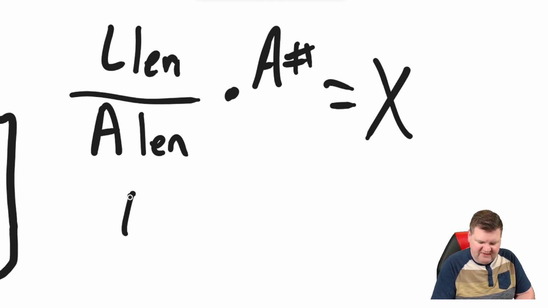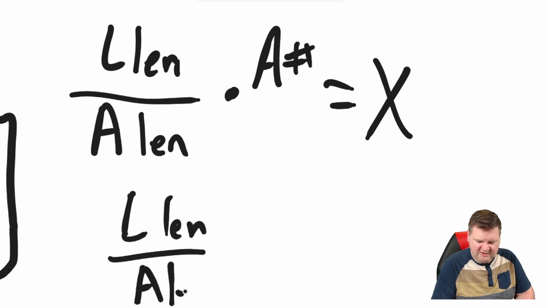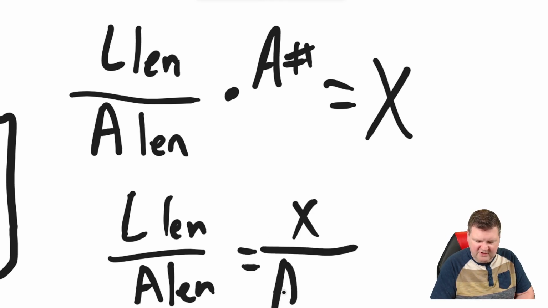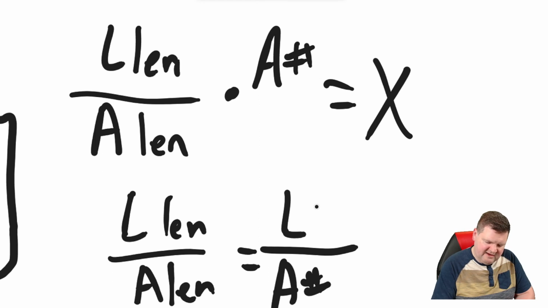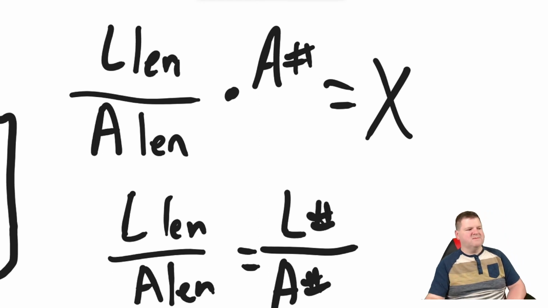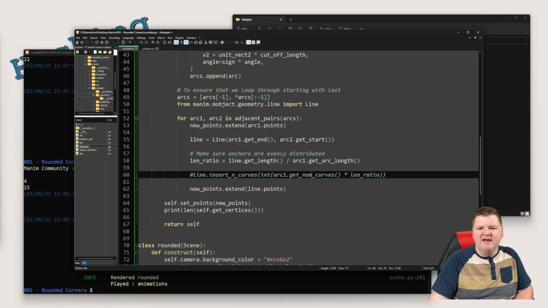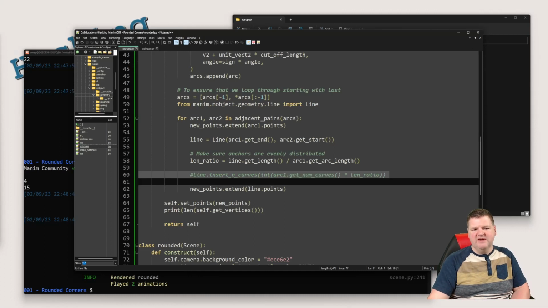So if line length over arc length is now equal to x over arc count, that's going to be the line number of vertices, or curves, Bezier curves, which is what I said a while ago. That's what it's doing here.